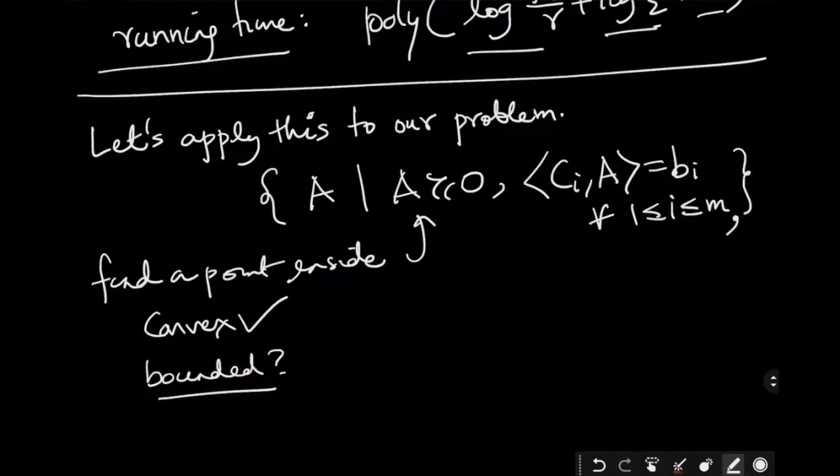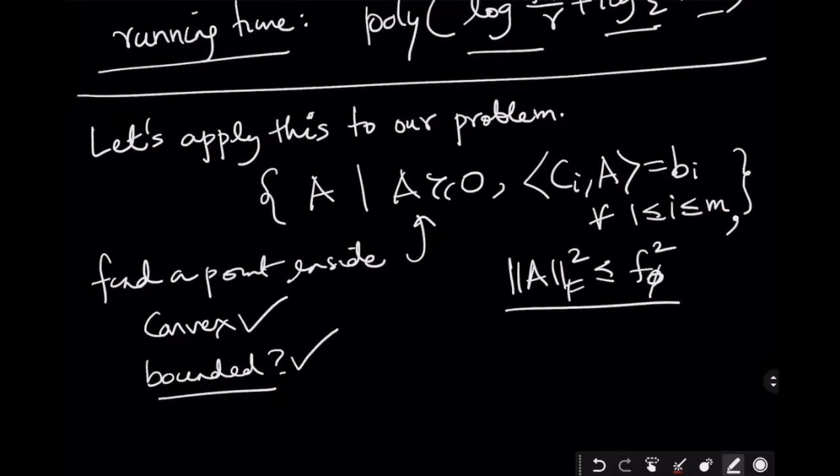Remember, we said that when we are trying to find this matrix A, the Frobenius norm of A, which is the sum of the squares of the entries of A, can be assumed to be at most F(0) squared, the constant coefficient of the polynomial F. So adding this constraint does not hurt us at all. If we were feasible before, we are feasible now. So it's okay to add this constraint, and with that constraint, we have satisfied the boundedness condition too.